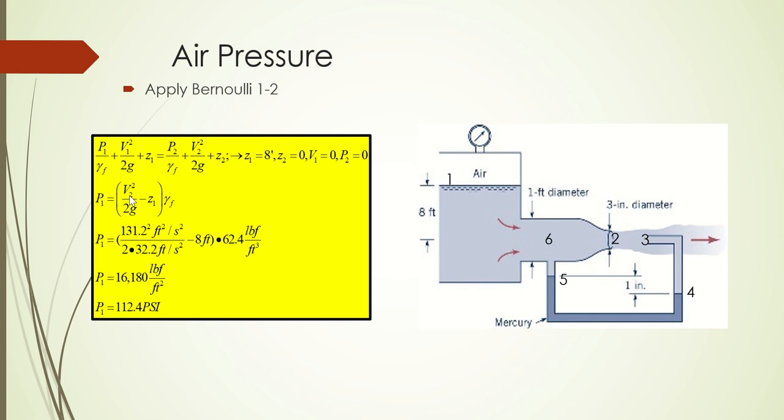I know the value of V2, and I know the value of Z1. I know gamma of the fluid, and I know that gamma is water, it's 62.4 pounds force per foot cubed. So the pressure at 1 is 16,180 pounds force per square foot, or 112.4 psi.